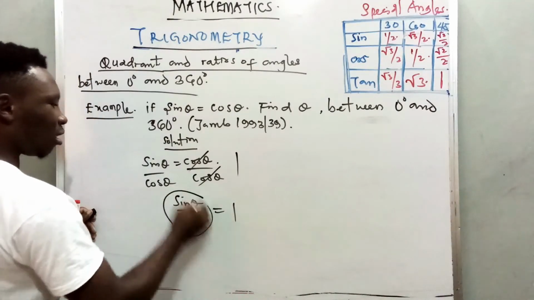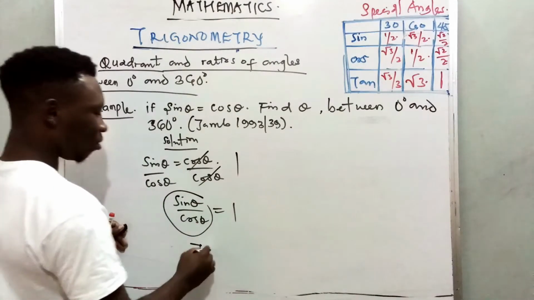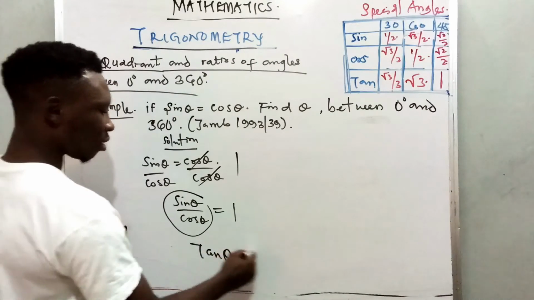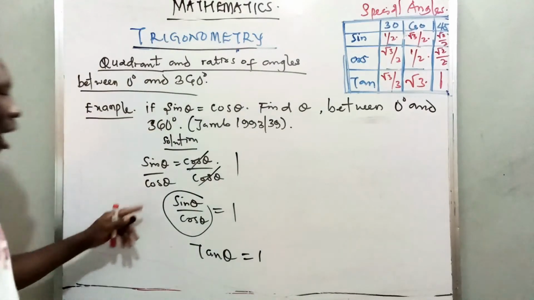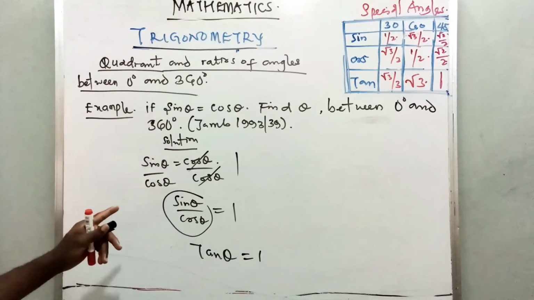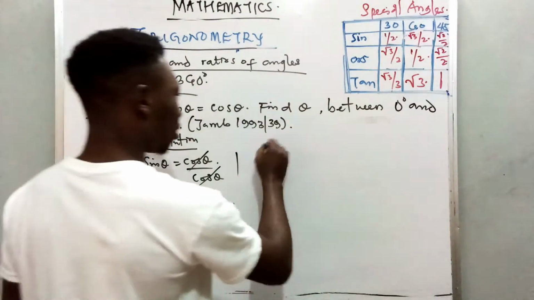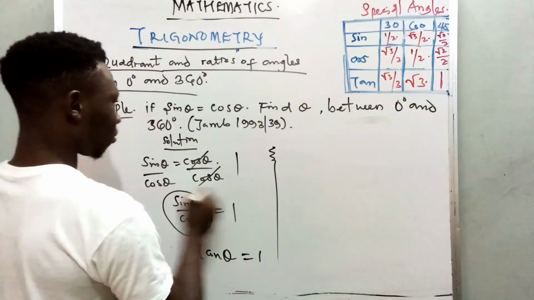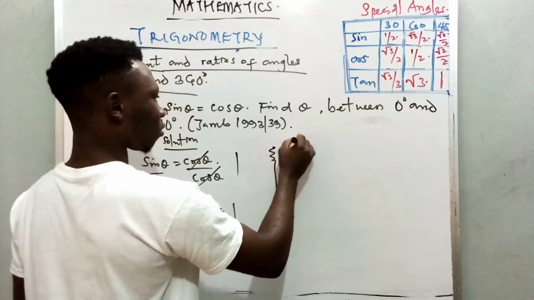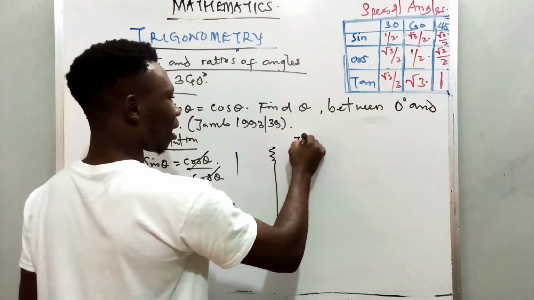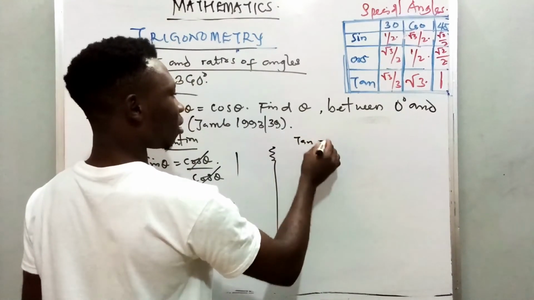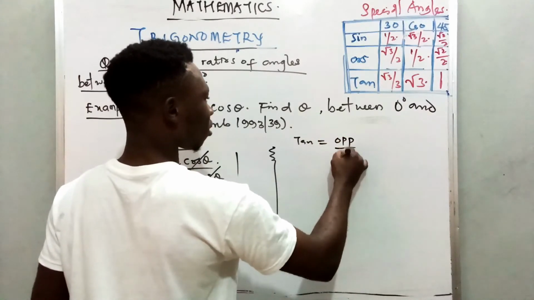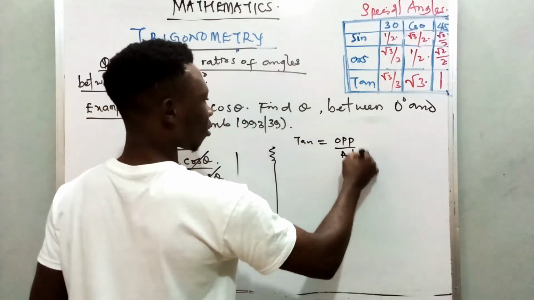Please, now look at this. This relation, sine theta over cos theta, is going to give you tan theta, so tan theta is equal to 1. I believe I've explained this relation, but let me take it briefly. Tan theta is equal to opposite over adjacent.